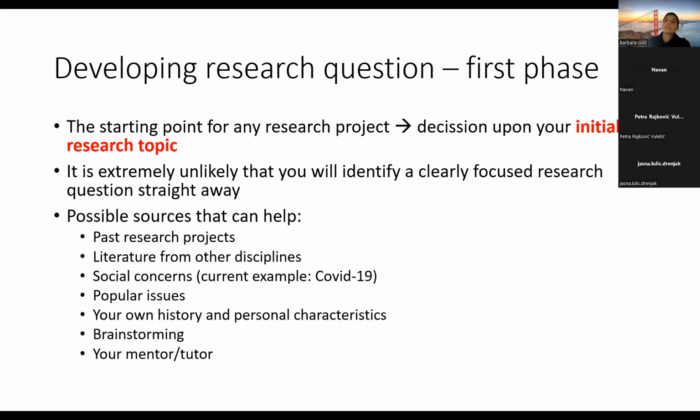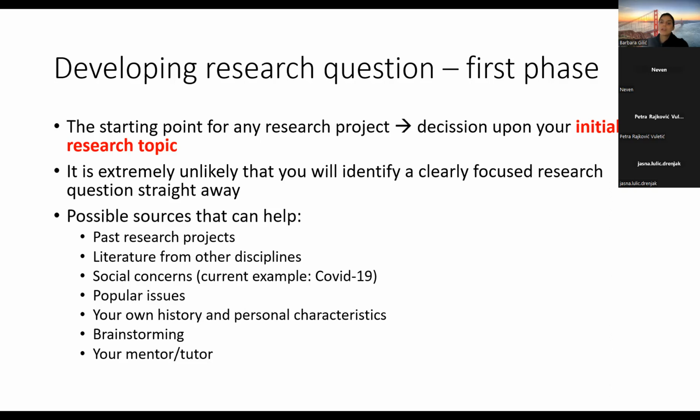First is past research projects. If you have any experience in research you have done before, that can help you in building the new research question, because you already know what is lacking and what your interest is in that research question.